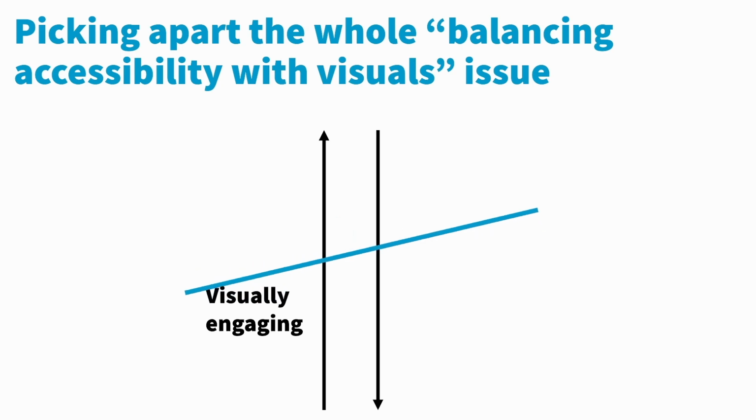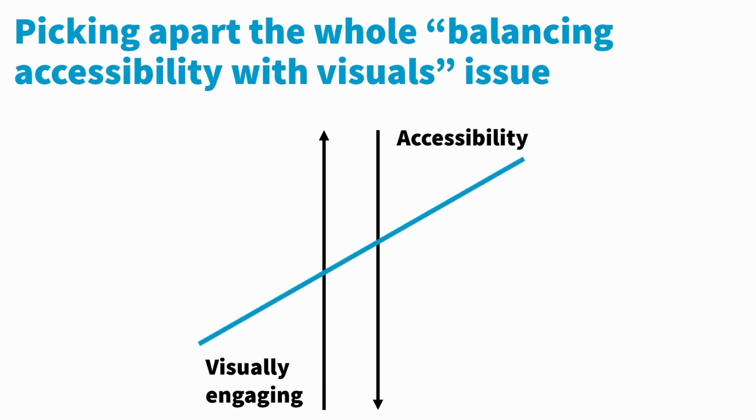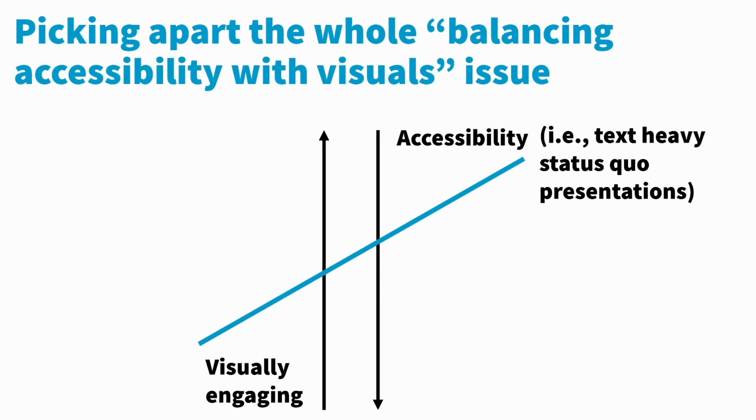And the only people who really ask this question are those who are equating the text-heavy status quo style presentations with accessibility. That's when this question comes up. When people are told or they're learning that they should not use so much text in their presentation, and they're trying to use more visuals, or they're told they should use more visuals, something comes along and makes them wonder, wait, but if I do that, if I use more visuals and less text, what if I lose the accessibility I have right now?